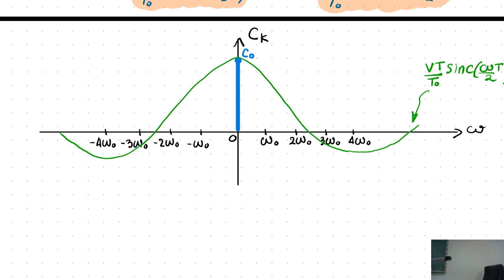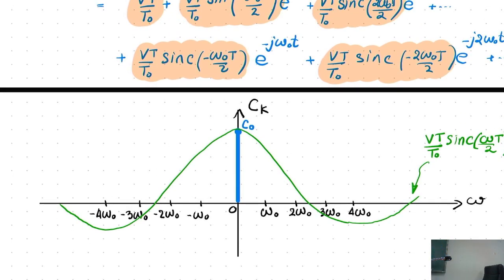If you plot it, you're going to have the red graph. But for each of the omegas, for example, if omega is equal to omega 0, here you get this value. If omega is equal to 2 omega 0, you get this value. If omega is equal to 3 omega 0, you get this value, and so on. So at this omega, you just plug in omega equal to omega 0, and you're going to get that.